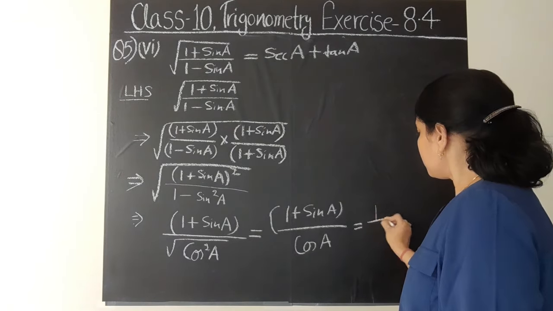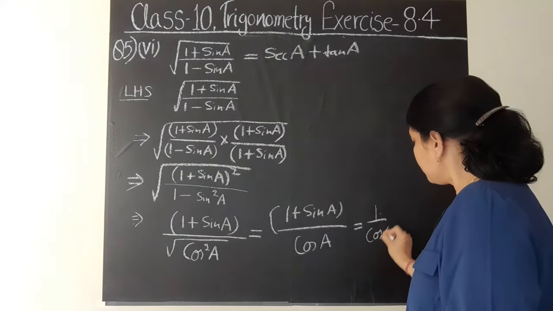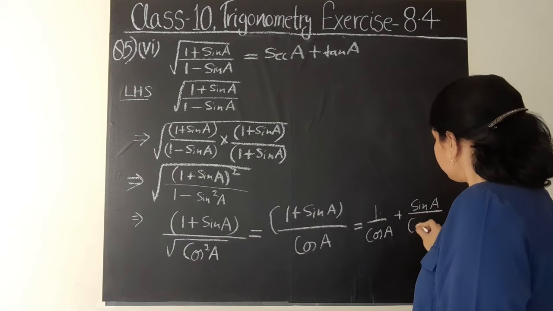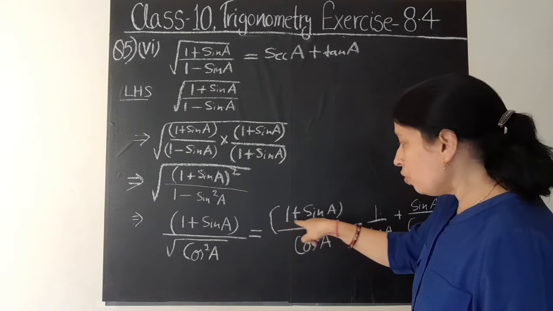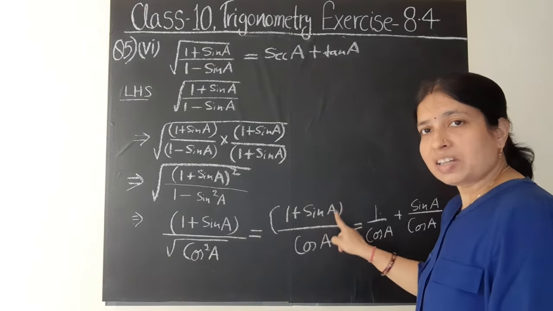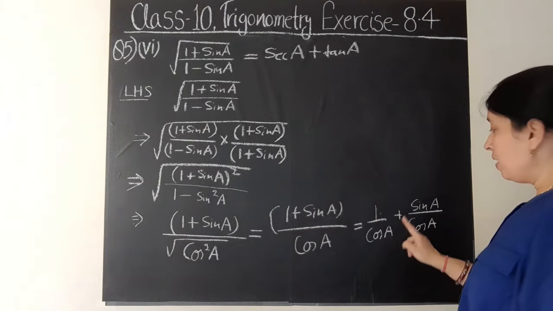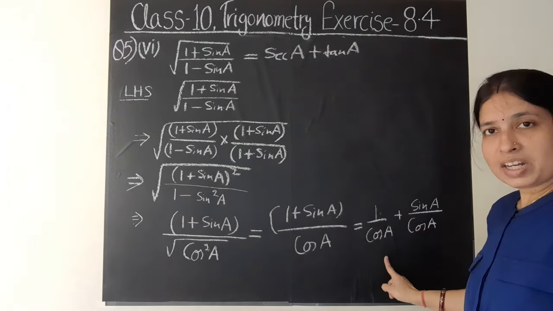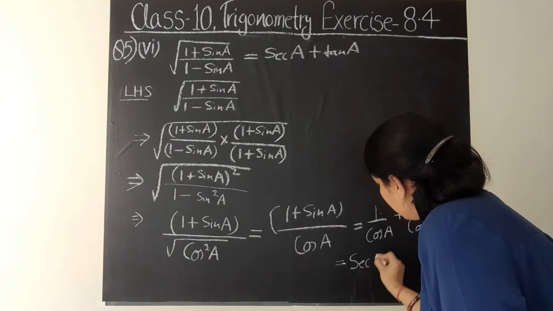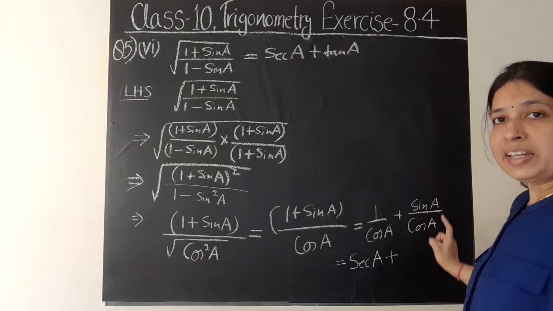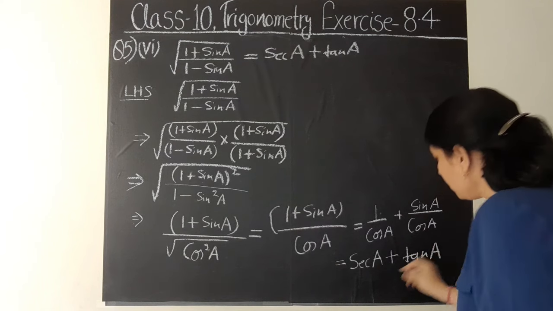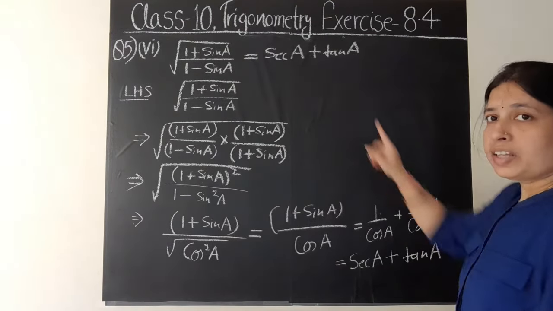So divide 1 by cos A and divide sin A also by cos A. We will divide both terms by cos A. Divide 1 by cos A, and the second one is sin A, divide sin A also by cos A. So 1 by cos A plus sin A divided by cos A. So 1 by cos A is equal to sec A. So right here sec A, and sin A by cos A is equal to tan A. So write here tan A. So it is sec A plus tan A, that is our RHS.